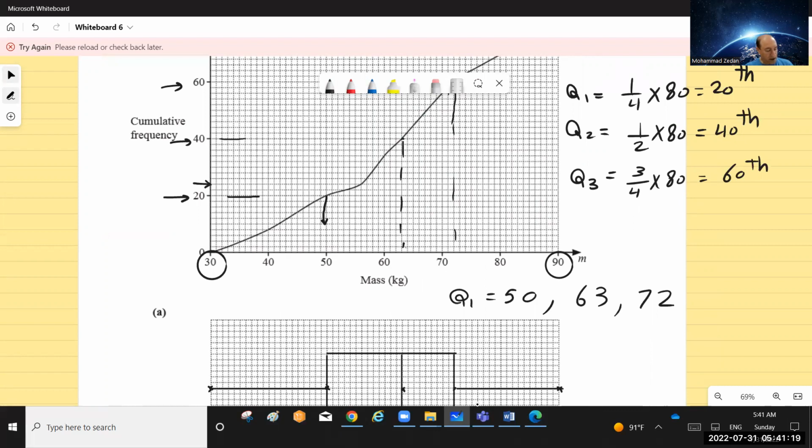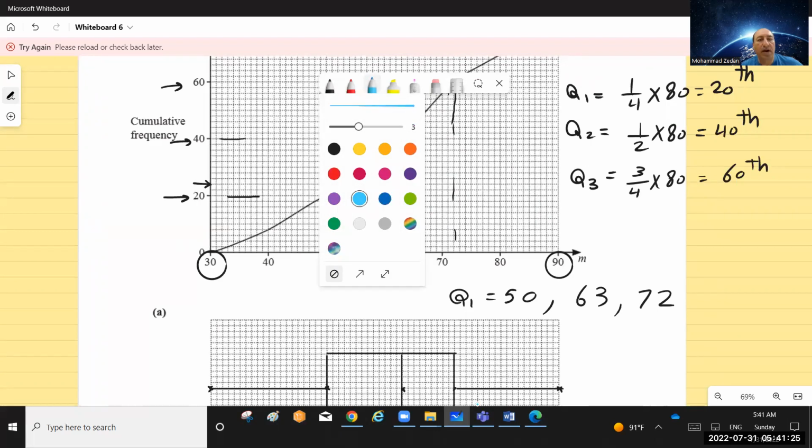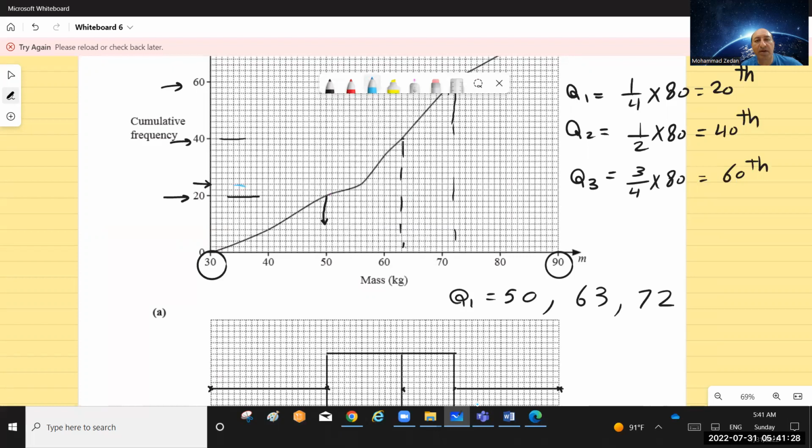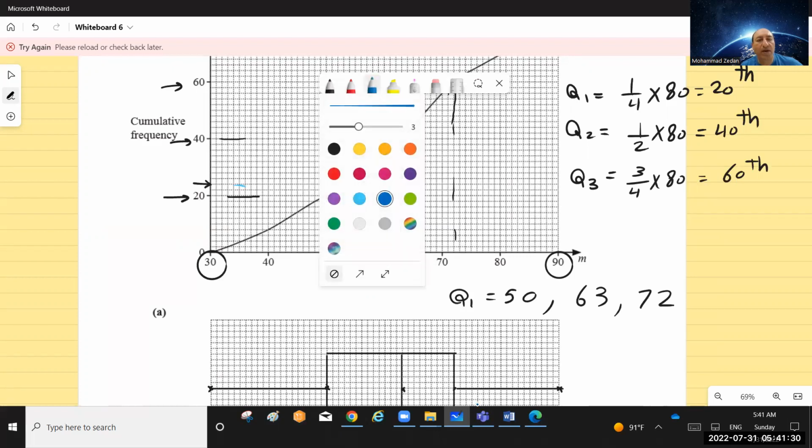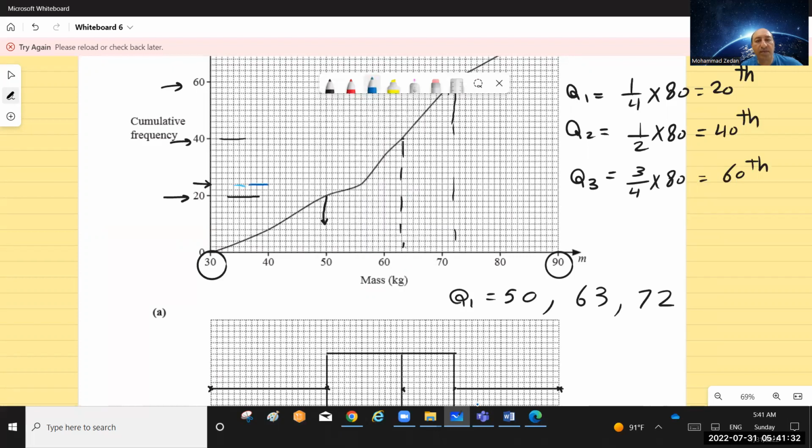Take this part, go by ruler from this point, and then go down here. This point is 56.